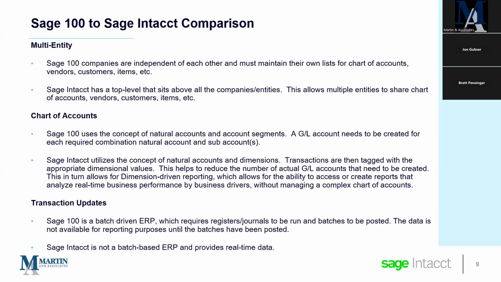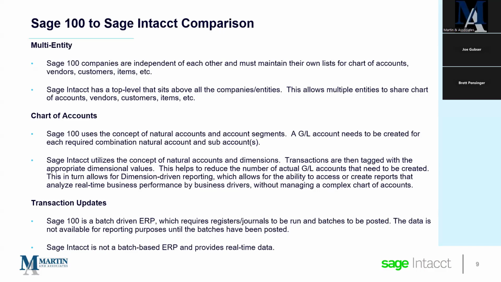Multi-entity. Sage 100 companies are independent of each other. They're like individual silos of data, and as a result, each of the companies has to maintain their own list of chart of accounts, vendors, customers, items, terms codes, you name it, all maintained individually in each company.